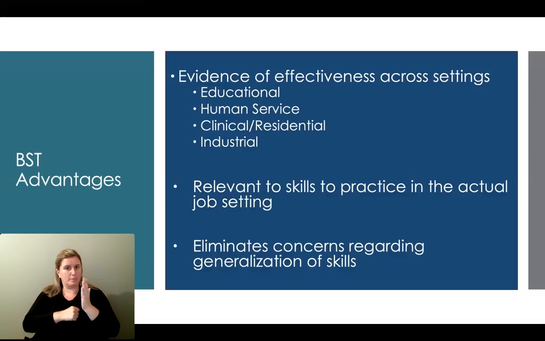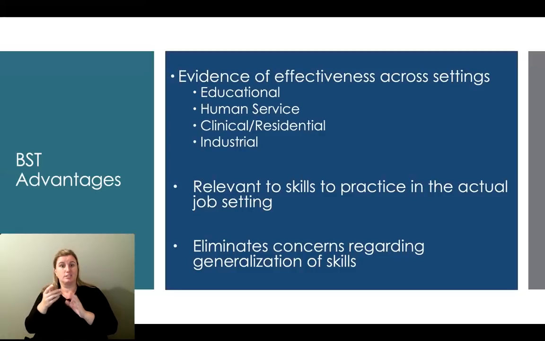Sometimes it is implemented loosely. Sometimes it is implemented without specific components, such as follow-up, that may not really provide us with the information that we need to best support our peer educators in the acquisition of skills, and not only the acquisition of skills, but also the maintenance of skills.